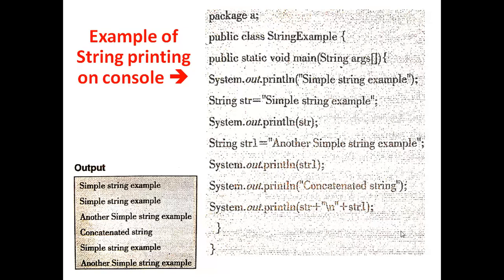Now by using System.out.println we are printing str. Hence the output will be simple string example. Now we will create one more variable of string, that is str1, and we'll store in str1 another simple string example, and we'll print str1 using System.out.println.